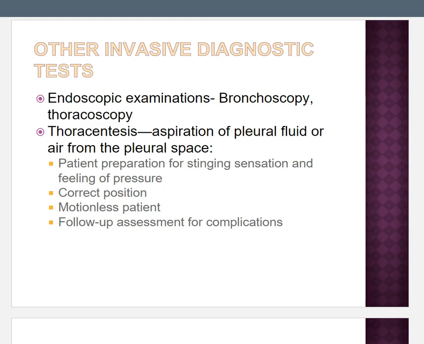We may do a pleural biopsy, or we can also do a thoracentesis to instill drugs, instill medications. We can also diagnose or treat cancer, emphysema, pleurisy. If a patient has TB, this is what we would do to instill drugs in that pleural space.